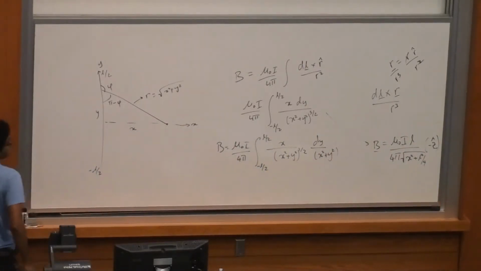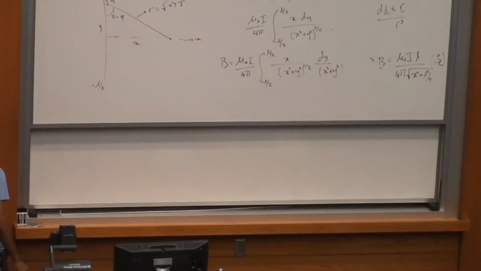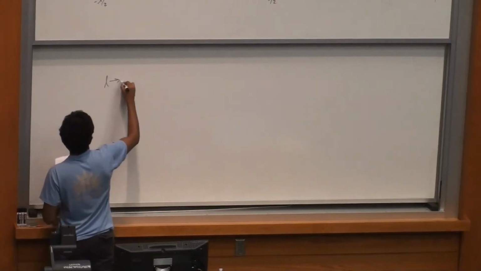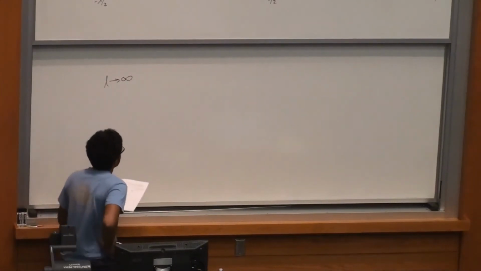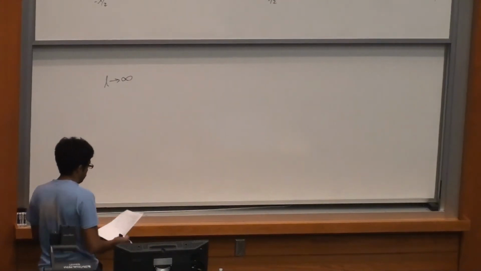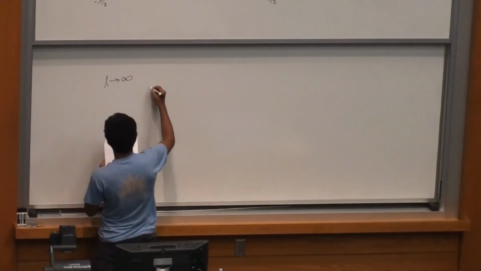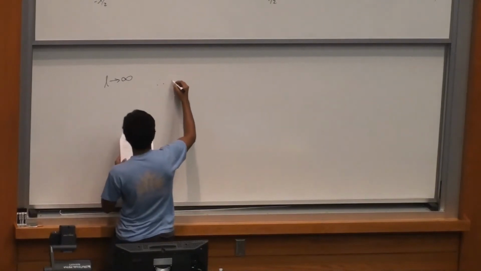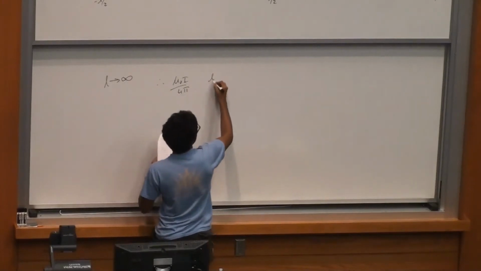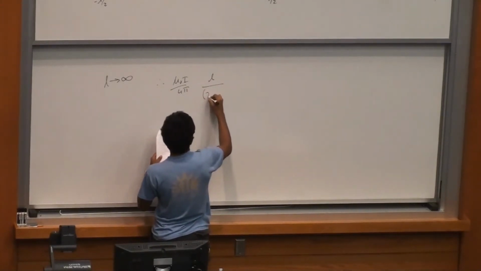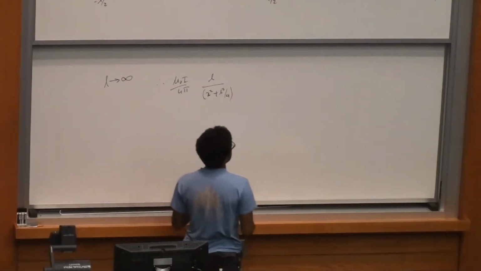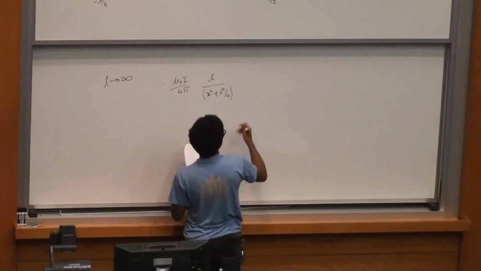So for that, if L approaches infinity, we basically take that thing and plug in the infinity there. So now what we have is the magnetic field comes out to be mu naught I over 4 pi L over x squared plus L squared over 4, all to the 1/2.